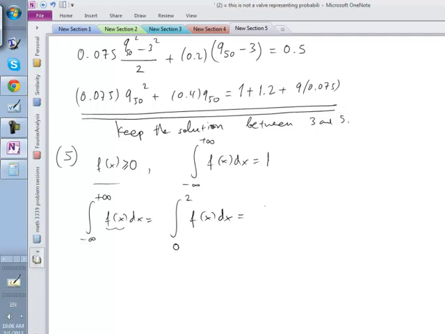And between 0 and 2, this function is equal to kx squared, which, k being a constant, gives us x cubed over 3 from 0 to 2, and that is equal to k times 2 cubed minus 0 cubed.